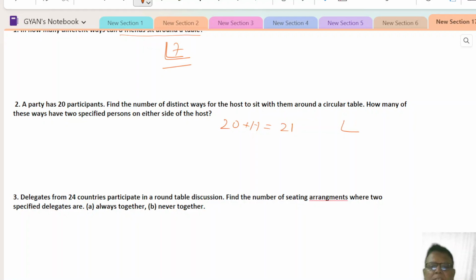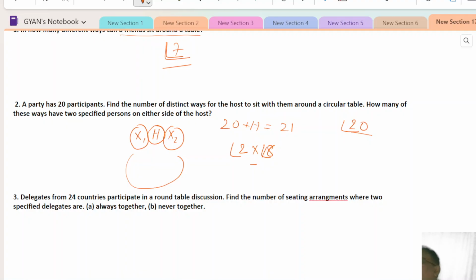How many ways? 21 minus 1, that is 20 ways with no restriction. And how many ways with two specified persons on either side of the host? The host is fixed, then X1 and X2 particular persons will sit in factorial 2 ways. 18 seats are balance, so that will be factorial 18.